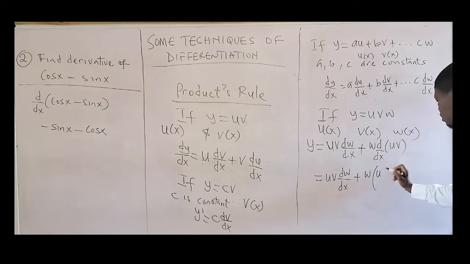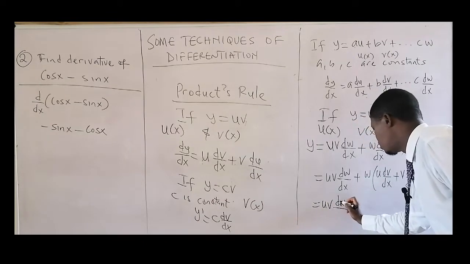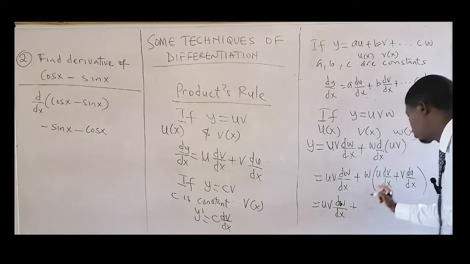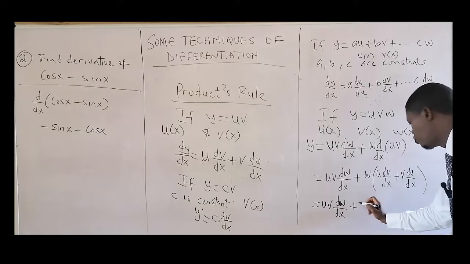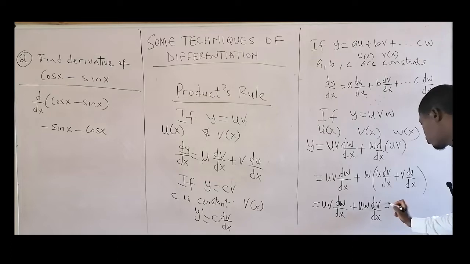Keep u constant, differentiate v, then plus v, which you have differentiated here, take it outside, keep it constant, differentiate u, that's du/dx. Then do the expansion. This will be equal to uv dw/dx, plus uw dv/dx, plus wv du/dx.